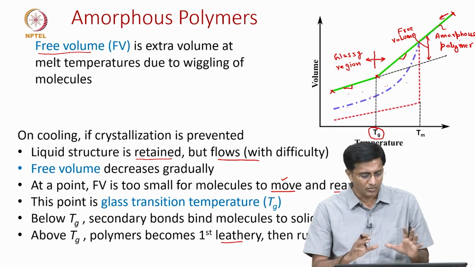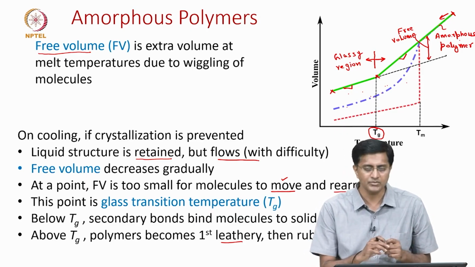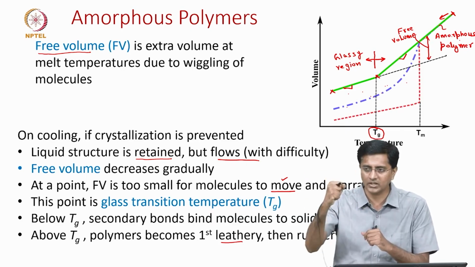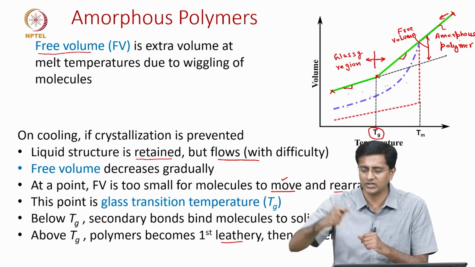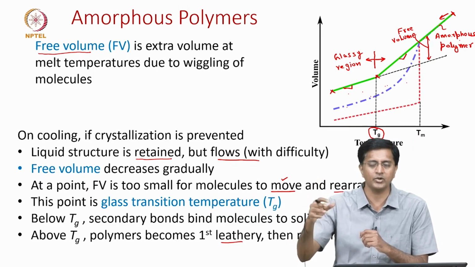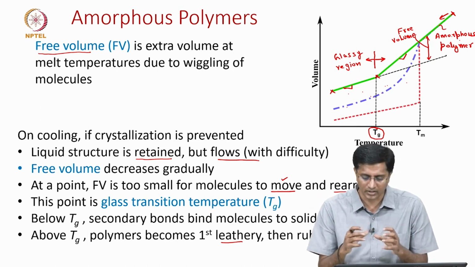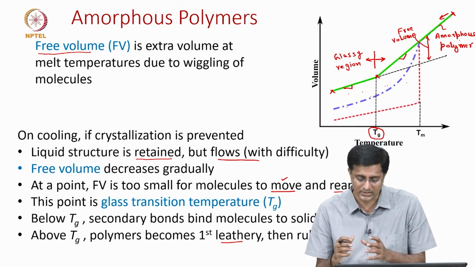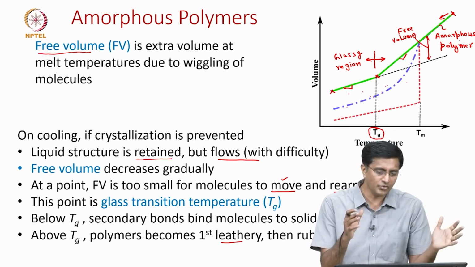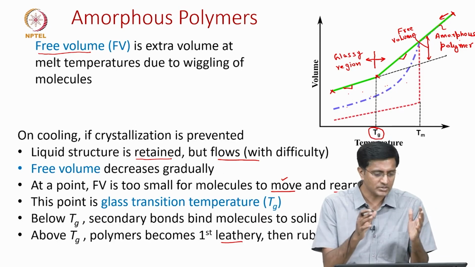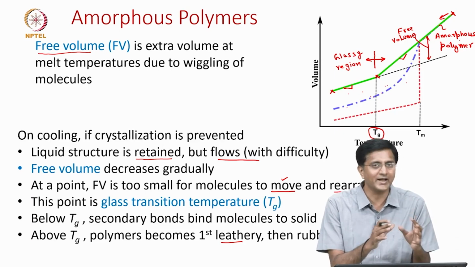Here the take home is to understand the concept of free volume, which is the additional volume the molecule is taking because of additional thermal energy, giving this jiggling or wiggling of the polymer chains. From this concept of free volume, we were able to show what the glass transition temperature means: a temperature below which we have the glassy state, meaning the polymer is a solid, but the structure is very random.